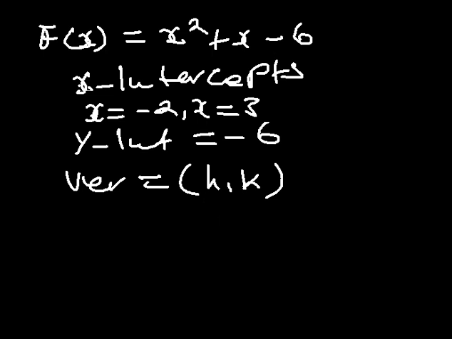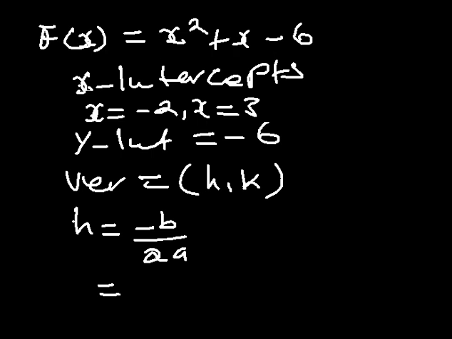Now, how should you have these values? First, we have to calculate the value of h. And how do you find the value of h, which is the x coordinate of the turning point or the vertex? We have it as negative b over 2a. This is the formula. In this case, a is given as 1 and b is given as 1.